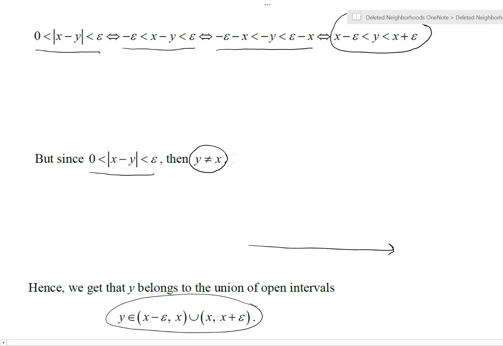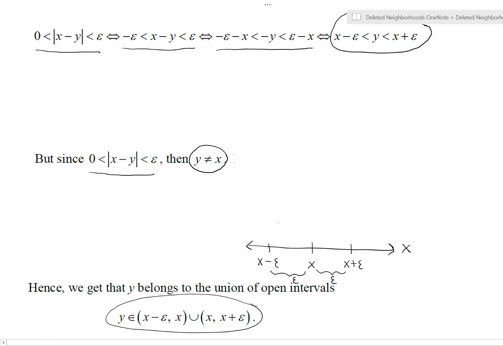So let's draw that using a little line graph here. These are x values. So where is x? I don't know, there's some x right there. Where is x minus epsilon? Somewhere down here, where this distance is epsilon. And then x plus epsilon is up here somewhere, again a distance of epsilon away from x.